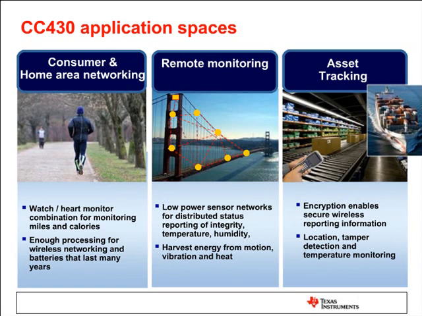Home area networking is another big opportunity, and that is definitely one of the emerging markets in terms of smart home networks, right, that automate the lights turning on based on the motion sensors, the temperature control in individual rooms.